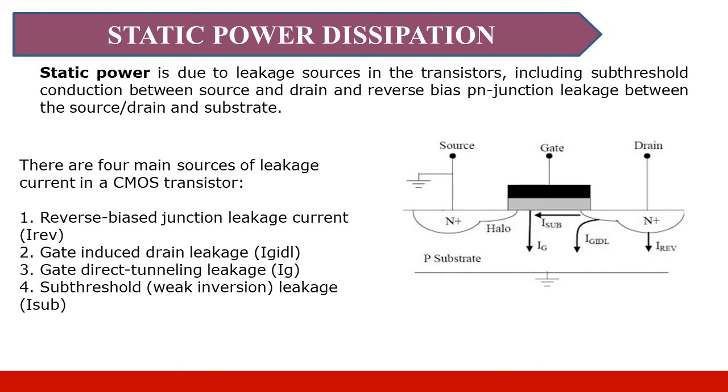Then we have the gate direct tunneling leakage, which is due to tunneling between the gate and the channel or gate and substrate. And last is the subthreshold leakage, which is due to the weak inversion state of the transistor, meaning when the transistor is conducting in weak inversion. Now one by one, we will go into detail of these leakage currents.